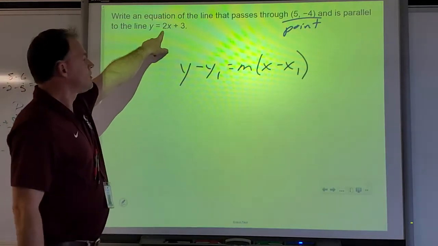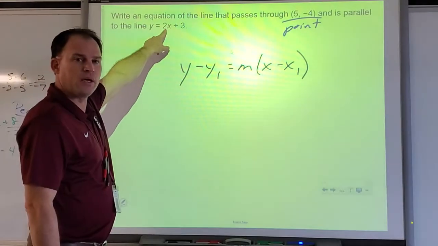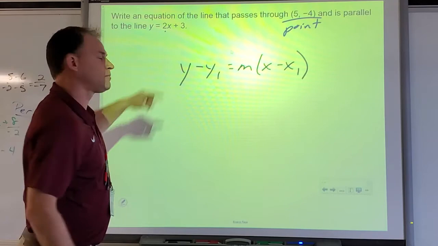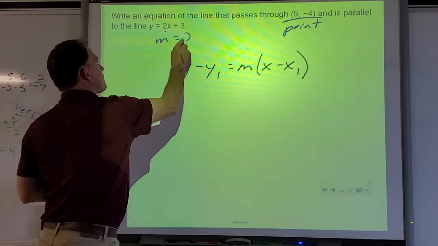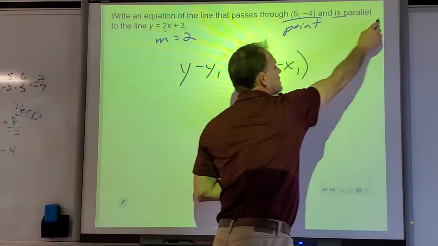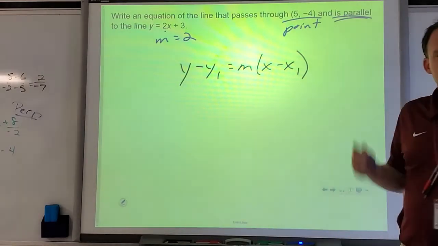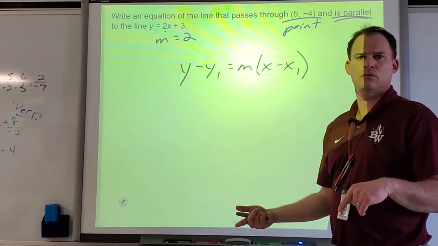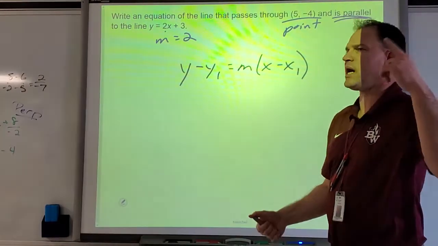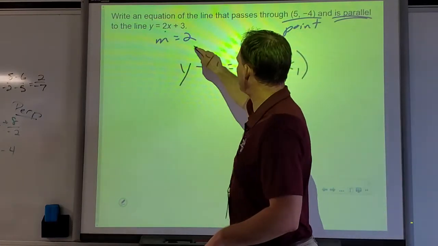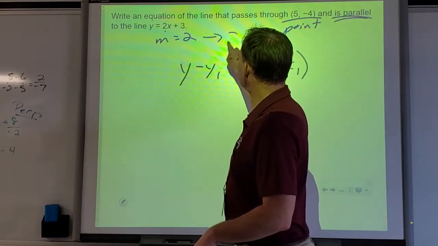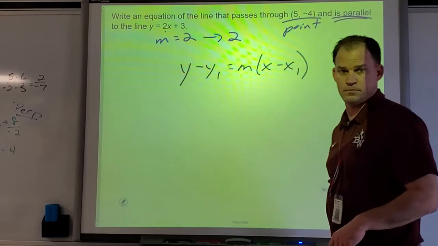Well, I'm going to figure out the slope here. What's the slope of this line? So this tells me it's parallel. What's the slope of my new line? Parallel lines have the same slope, so the slope of my new line is also 2.